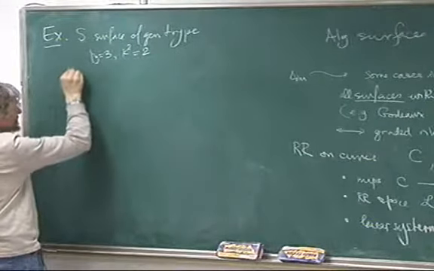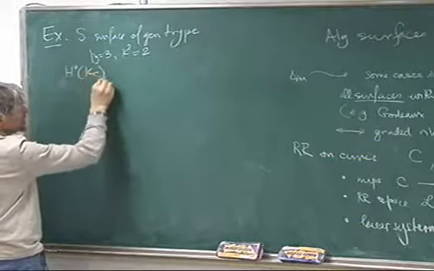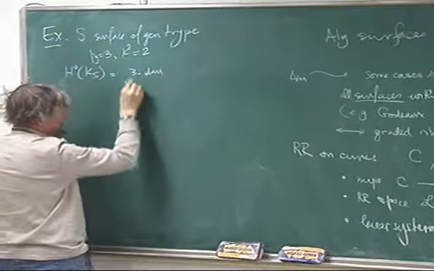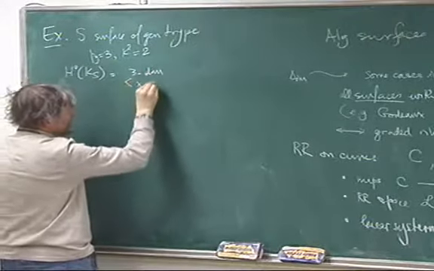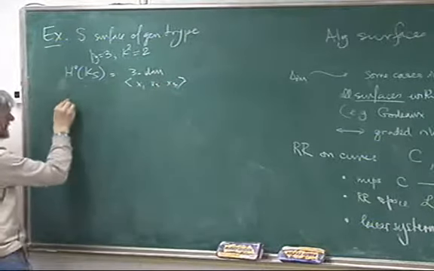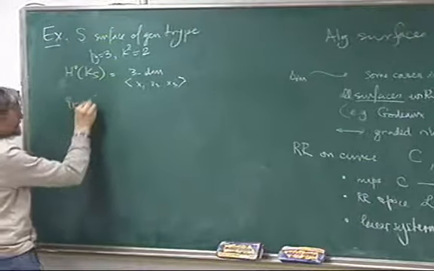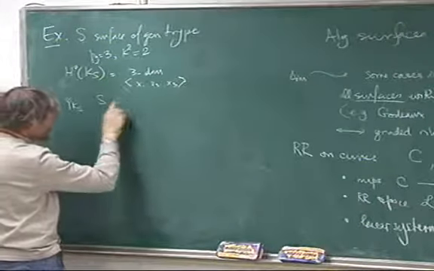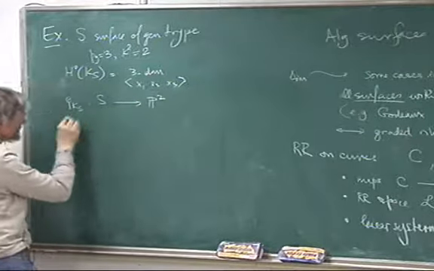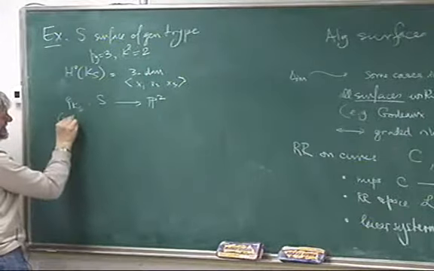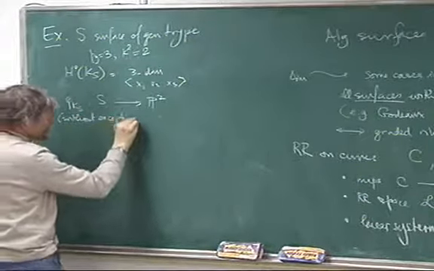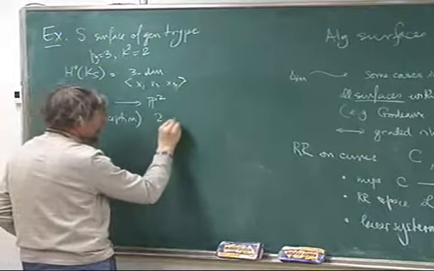Then there's this vector space H0 of Ks, which is three-dimensional. And so I can again choose the basis of it, so x1, x2, x3. And then I can use this to make a map, phi Ks, from S to P2. And it turns out that always, now without exception, this is a 2-to-1 cover.